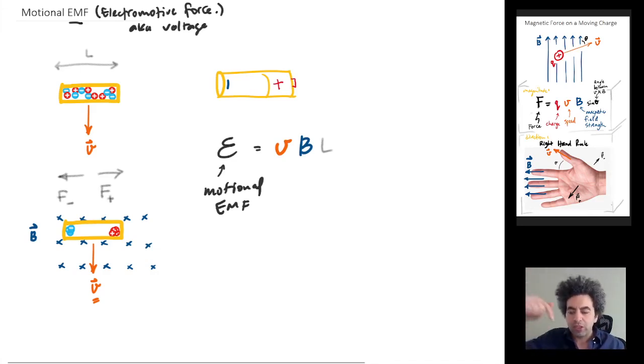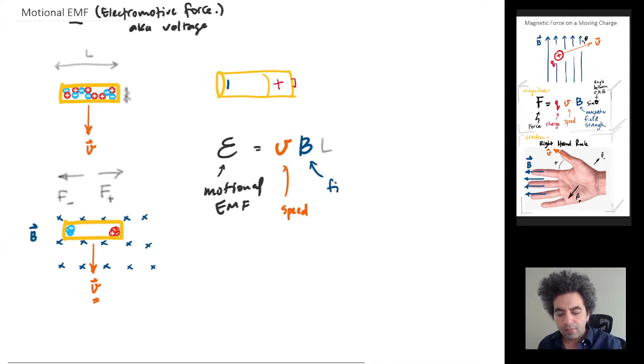So the direction of motion is down, and the length is across that. It's not this part that matters, it's the part that is perpendicular to the direction of motion. So the motional EMF is just proportional to the speed, the field, and the length, or really the width, of the conductor across the magnetic field, perpendicular to the direction of motion of this conductor across the magnetic field lines.